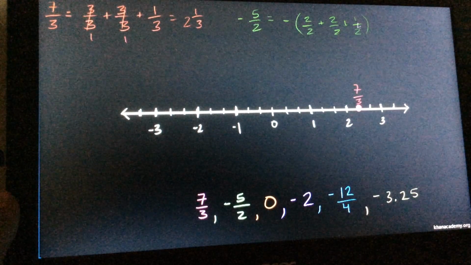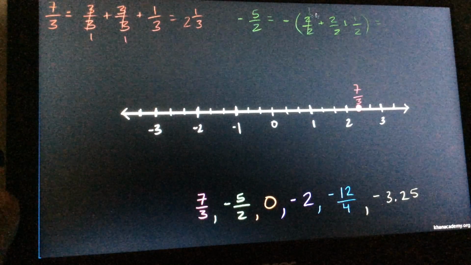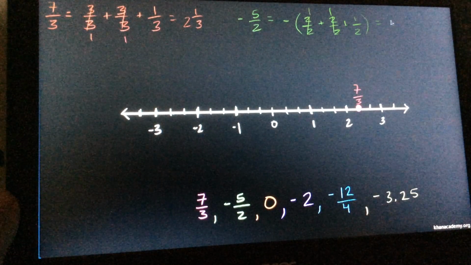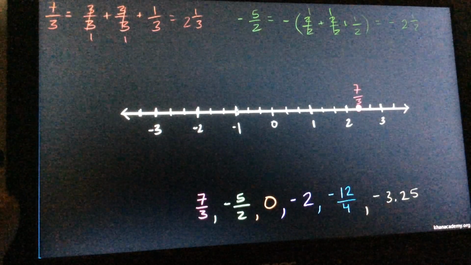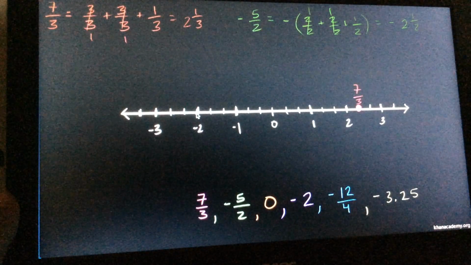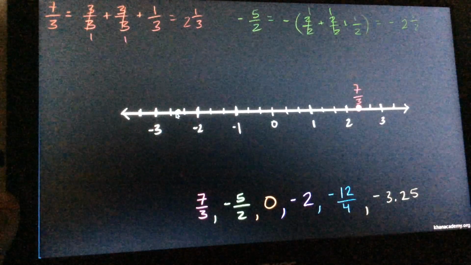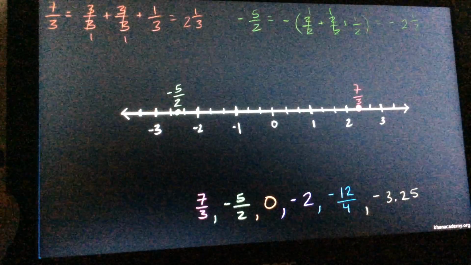This is 1 plus 1 plus 1 half, so 2 and a half. And we're negative out there, so it's negative 2 and 1 half. Let's see, negative 1, negative 2, and then negative 2 and a half is going to be halfway between negative 2 and negative 3. It's going to be right over there. So that is negative 5 over 2.